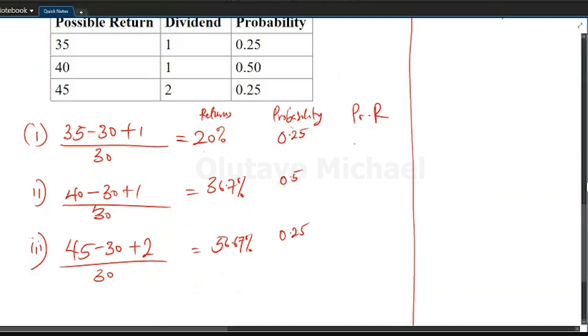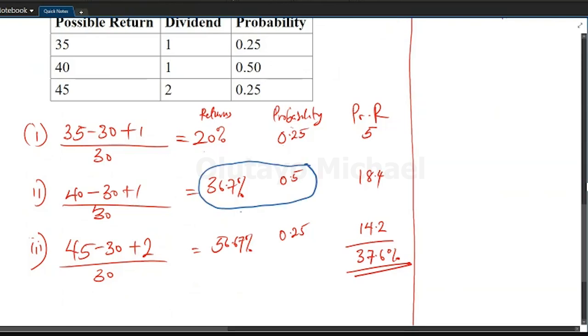So this times this gives us 5, 0.5 times this gives us 18.4, and 0.25 times 56.67 gives us 14.2. So addition of these three will give us 37.6%.